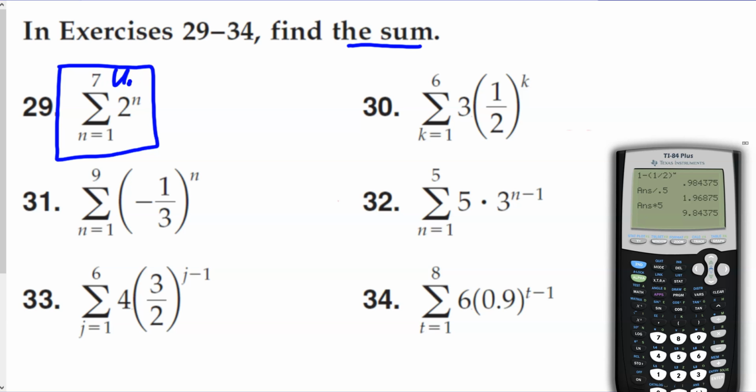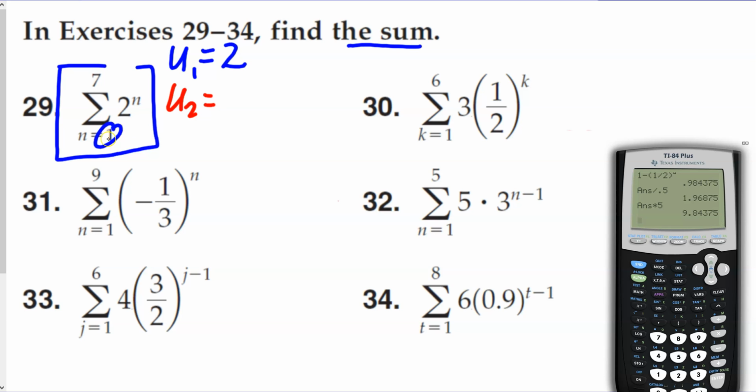This is the u n. So to find the sum, the first thing you have to do is figure out what's the first term. So if you put 1 in place of n, 2 to the first power is 2. Now you might be able to look at it and tell me what the ratio is, but just to be sure, let's find the second term.